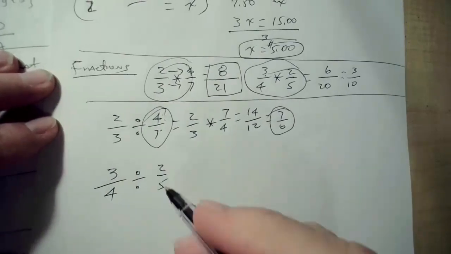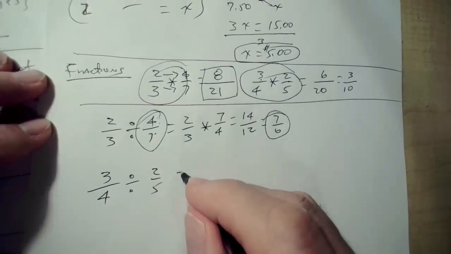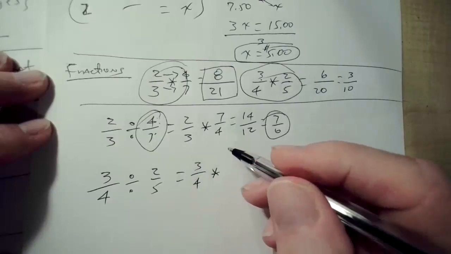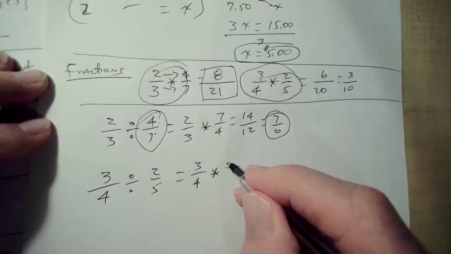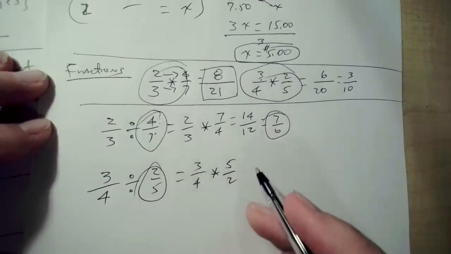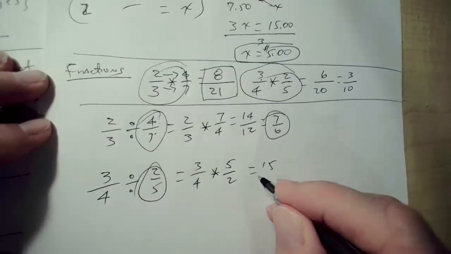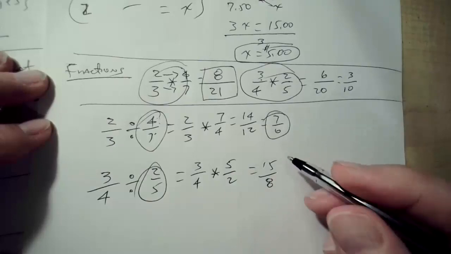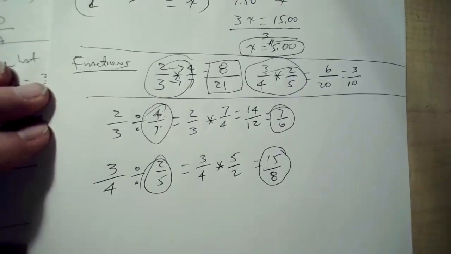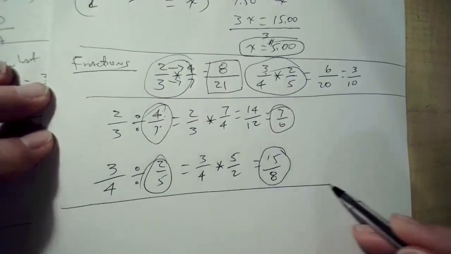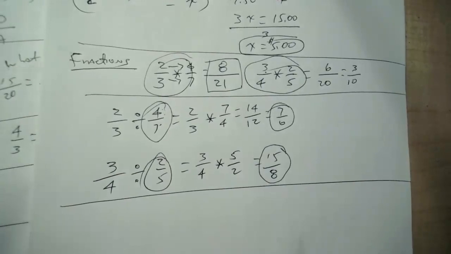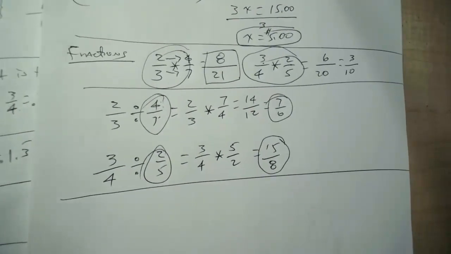You do not divide, you multiply by the reciprocal. So this is 3/4 times 5 over 2. We take this one and flip the numbers over. That's 15 over 8. This cannot be reduced. Okay, that's all there is to it.